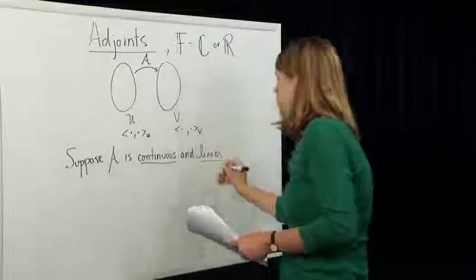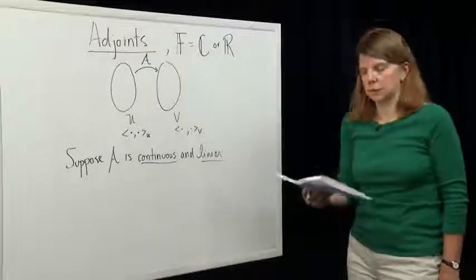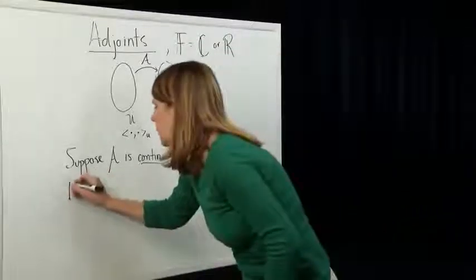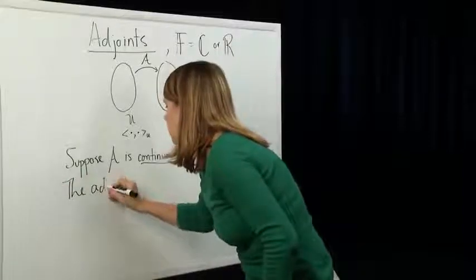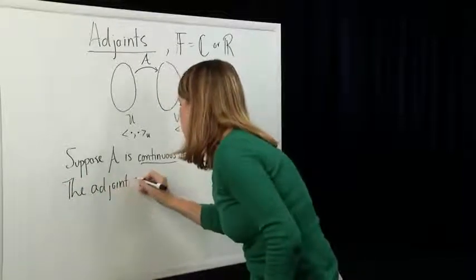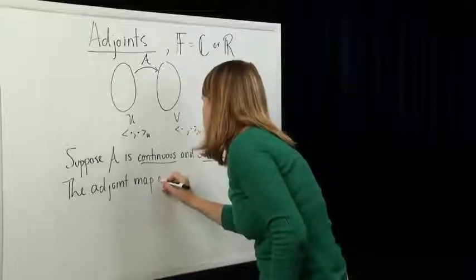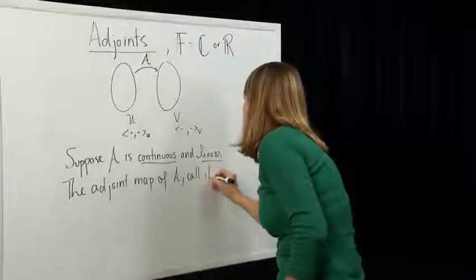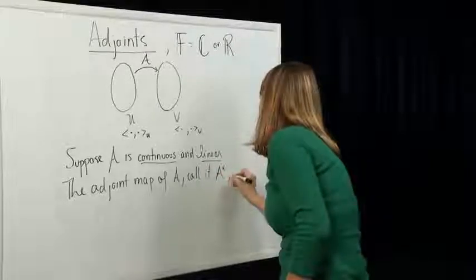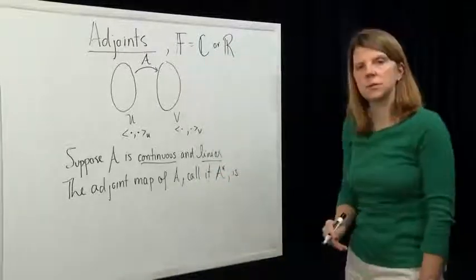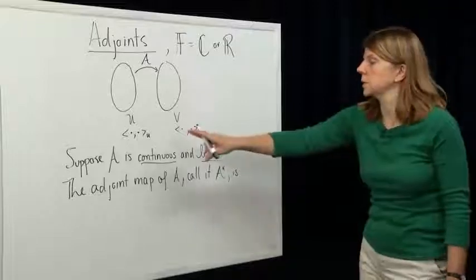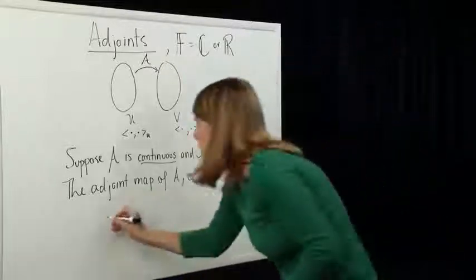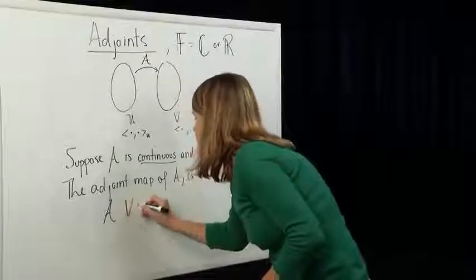So we're going to restrict ourselves to continuous linear maps A. Then the adjoint of A, which we'll call A star, is defined as follows. It's defined very simply in terms of the corresponding inner products on U and V. So A star maps V back to U.